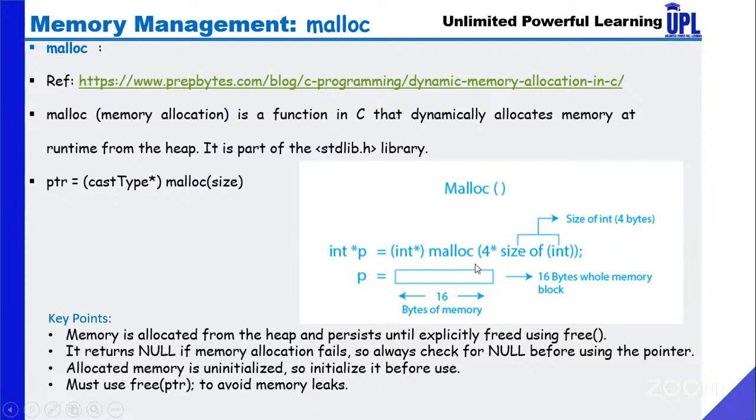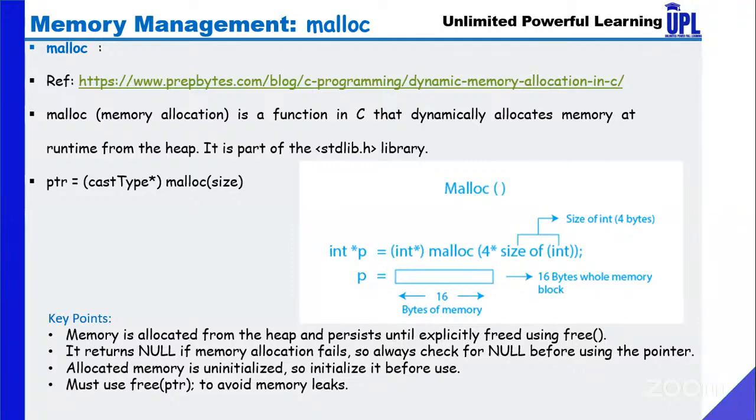Malloc, how much size? 4 into size of integer, if it's 4, 4 into 4, 16 bytes of memory is allocated to hold integer type values. Then only you can start using it. This is called dynamic heap memory usage for our data structure.